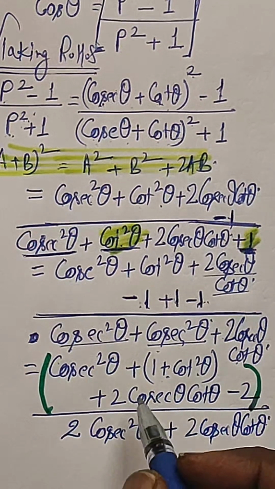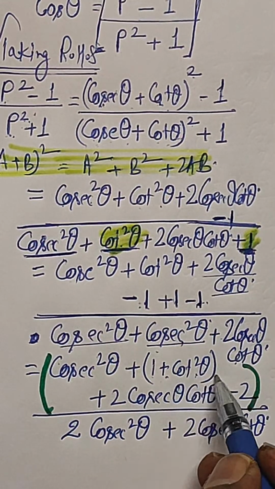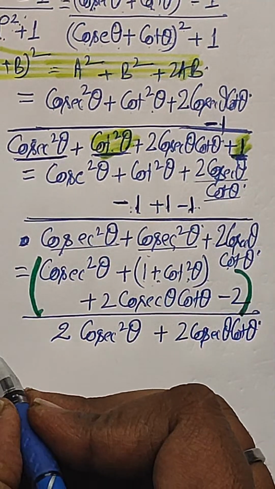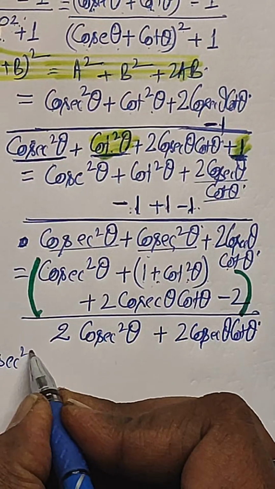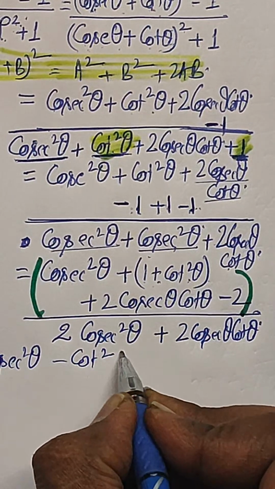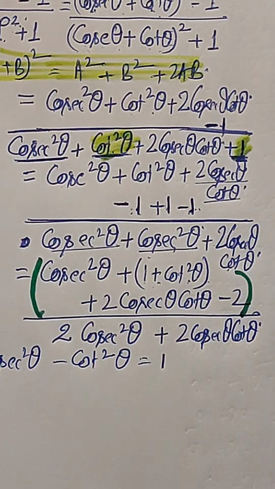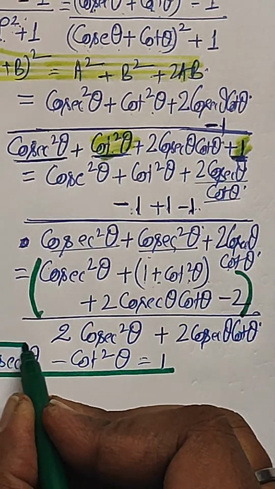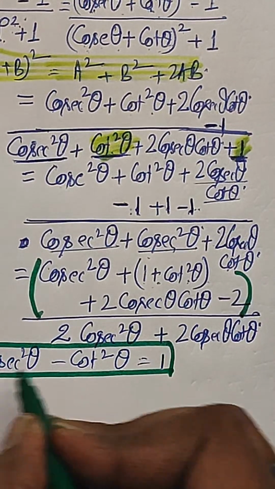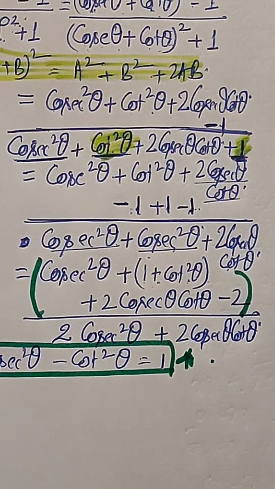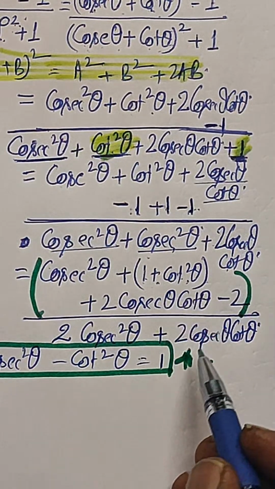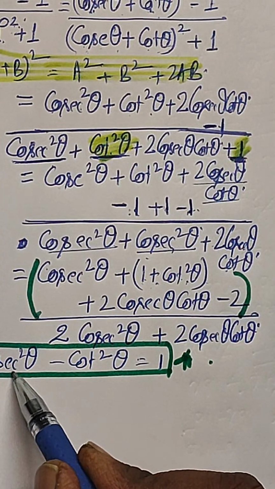Now, here you can see 1 plus cot square theta. We know the formula that cosec square theta minus cot square theta is equal to 1. This is a very basic formula, right? So just recall this formula, right? With use of this formula, we can write instead of this 1 plus cot square theta as cosec square theta, isn't it?